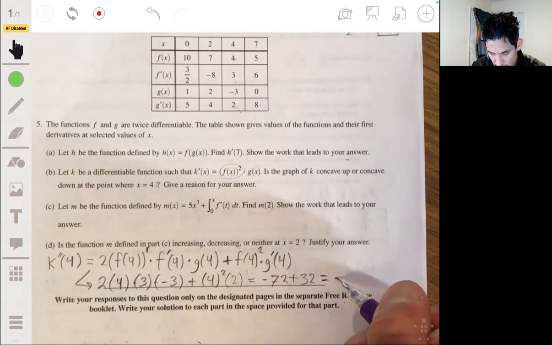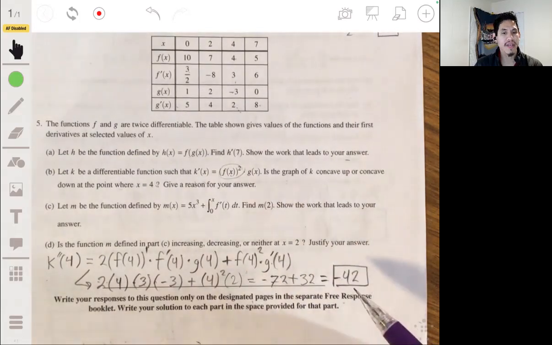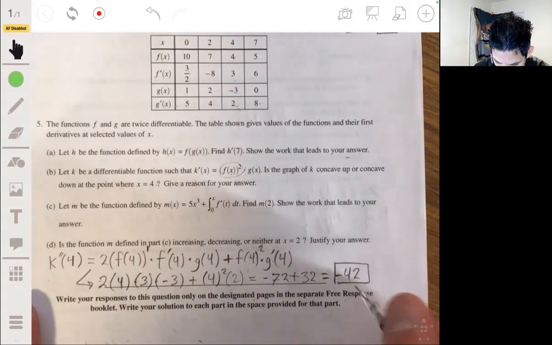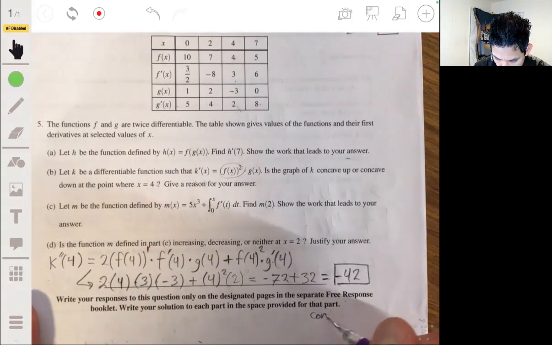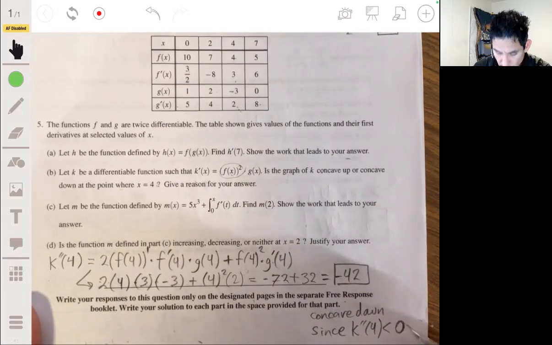We get negative 42. And so it's going to be concave down because the second derivative is negative. Concave down since k double prime of 4 is less than 0.